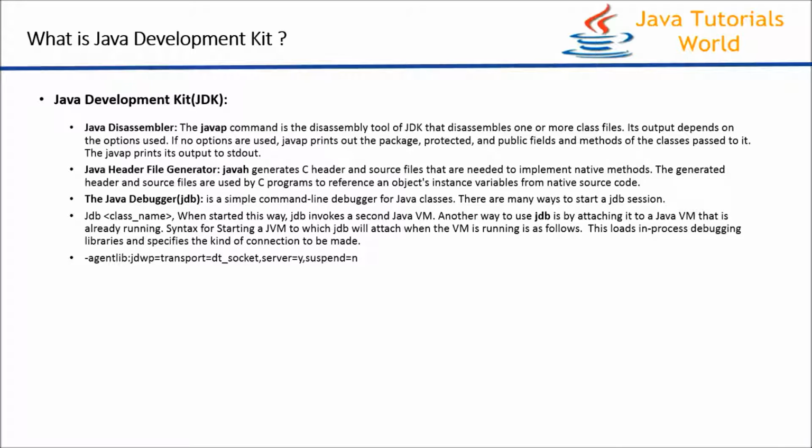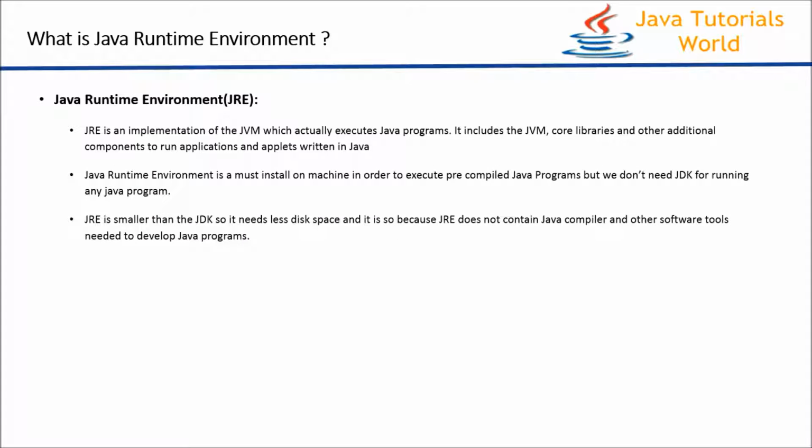These are the different tools that are available with JDK, that is Java Development Kit. And this completes the tools that are available with JDK. Next, we will see what is JRE. JRE is an implementation of JVM which actually executes Java programs.